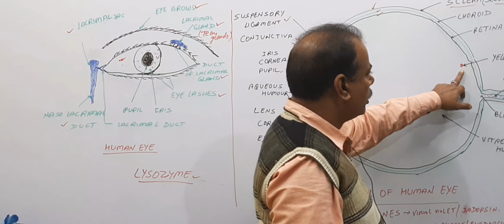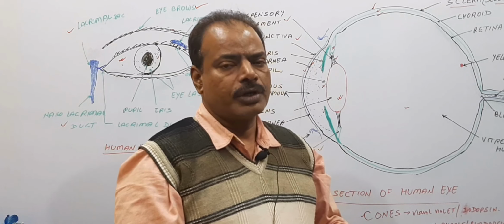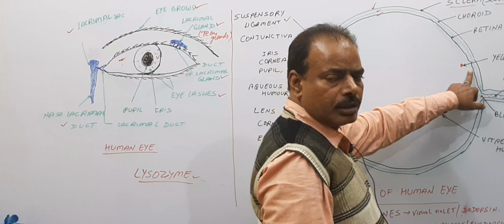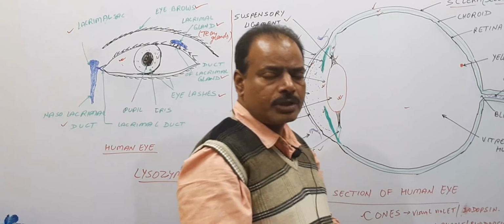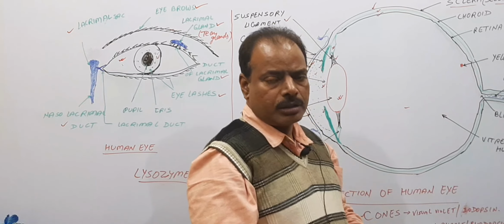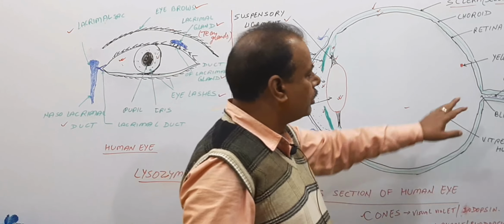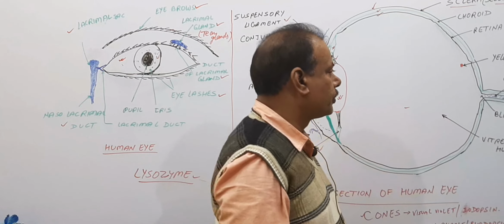The yellow spot is located at the center of the horizontal axis of the eyeball and it is the best vision area or color vision area. The blind spot is located just below the yellow spot on the retina and it is called the no vision area, and it helps in the origin of the optic nerve.